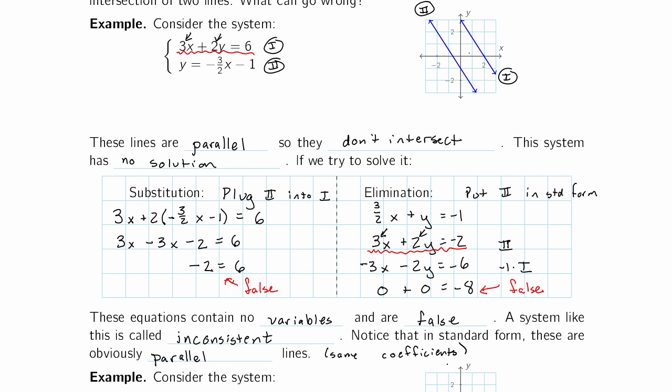So as long as we're planning to use elimination, and we put everything in standard form first, we can spot an inconsistent system right away, because we see that we have two parallel lines. That's going to be useful to us with the systems of three equations.